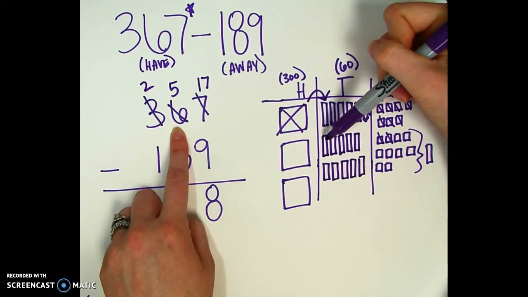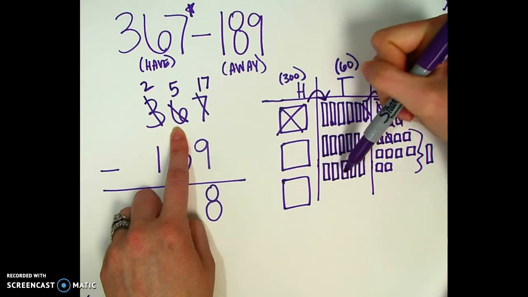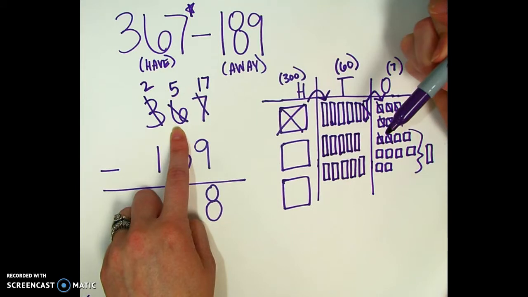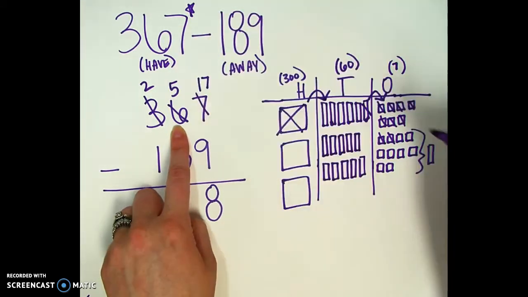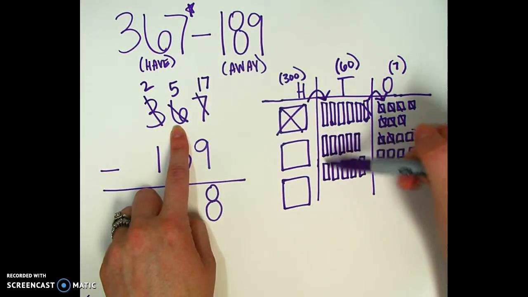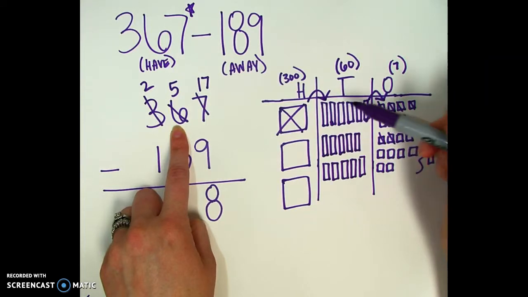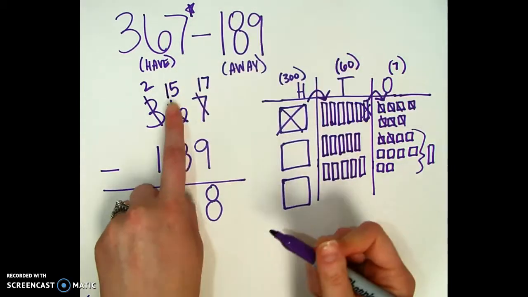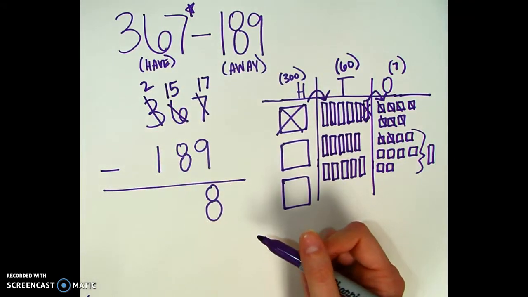Or you could think 10, 20, 30, 40, 50, 60, 70, 80, 90, 100. 100 flat, 100. Now let's update this 5. How many do we have now? 10 plus 5, because we took this one away, is 15. Just like putting a 1 in front of that number.